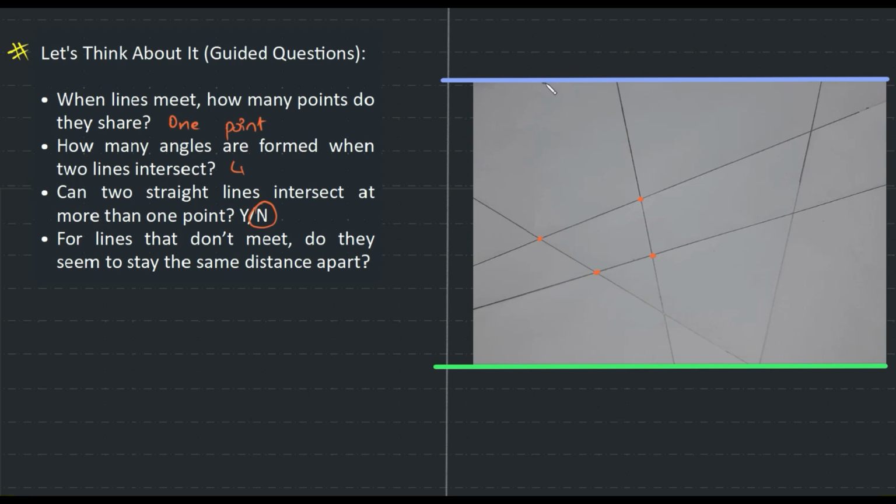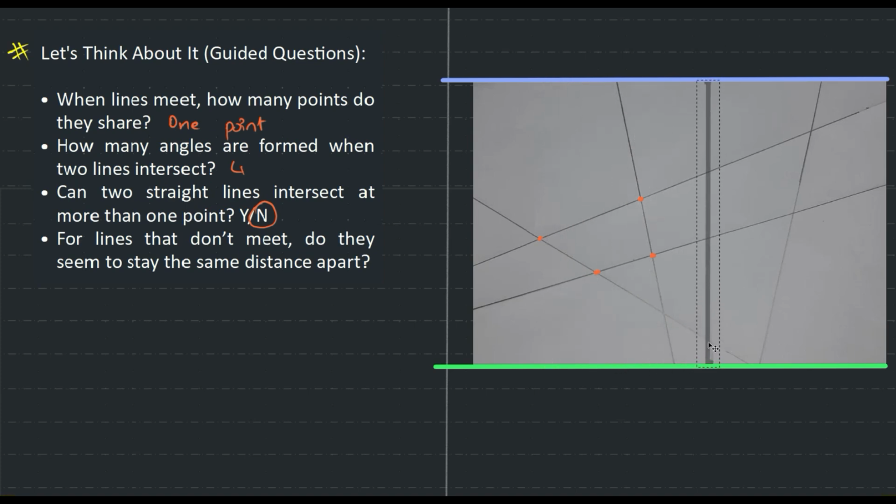Let me try to help you guys with this. So I'm marking 2 points and I'm drawing a line. And now I'm using this to check if it's so everywhere. Can you see that?